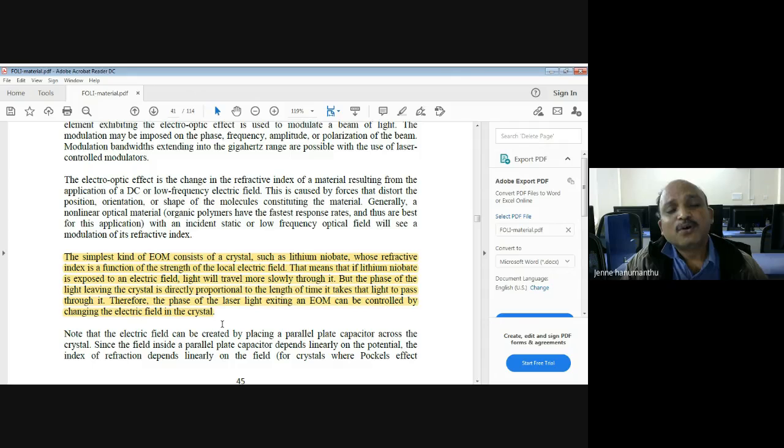So we can change the laser light phase, frequency, intensity, and polarization with these modulators. In this electro-optic modulator, we are focusing on changing the phase. You can also change polarizations, no problem. Okay, this is about the electro-optic modulator.